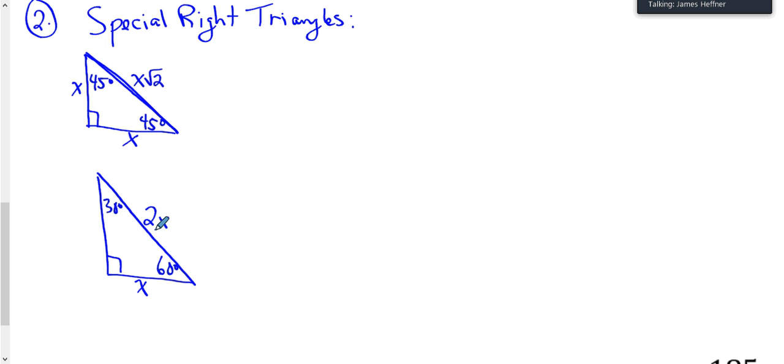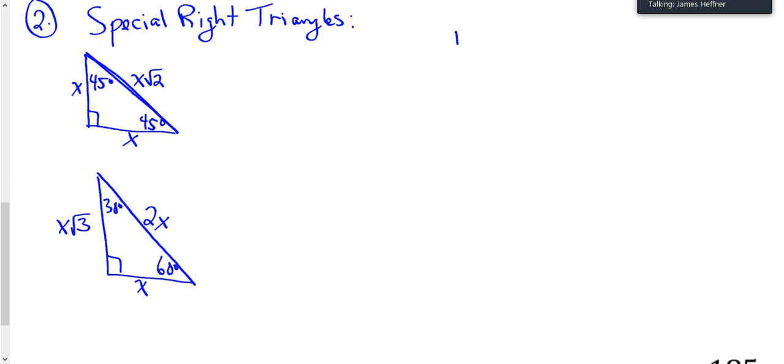Does anybody remember how long the long leg is? X times the square root of 3 in this case. Boy, it's been a while, hasn't it? I thought you guys would have memorized that back when I taught it to you. Well, let's put these guys in our unit circle, in the coordinate plane.